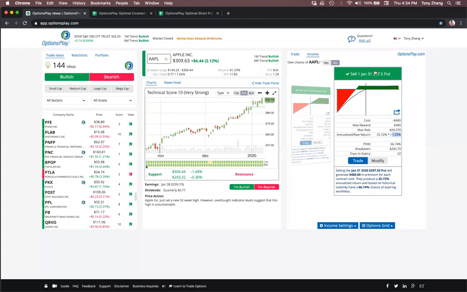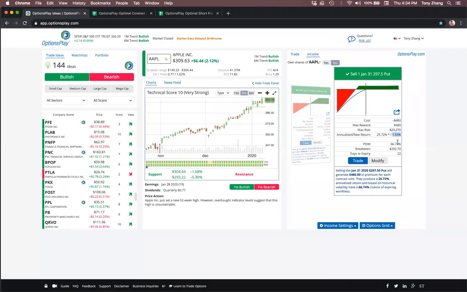So to purchase 100 shares of Apple at $297.5, you would have to set aside $29,750. Here, you take $480 off of that, meaning you only have to set aside $29,280, so that if the stock does go below $297.5 by January 31st, you own it with a 1.5% discount, a significant discount.